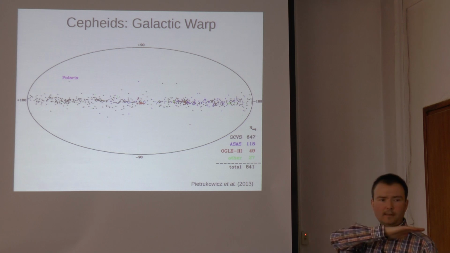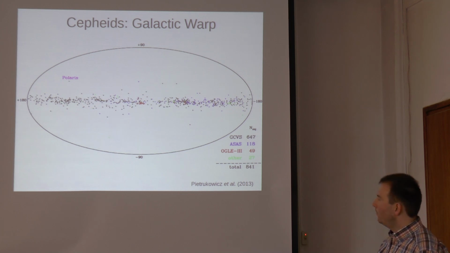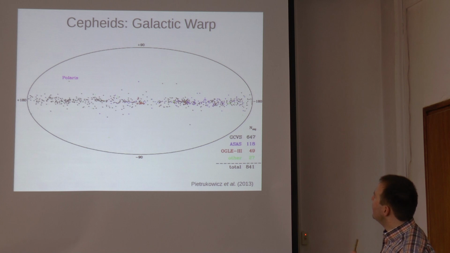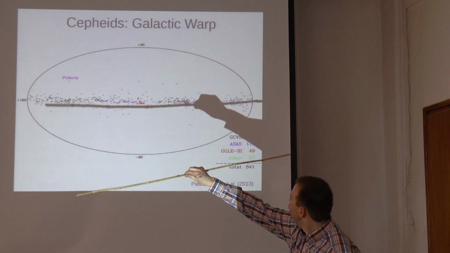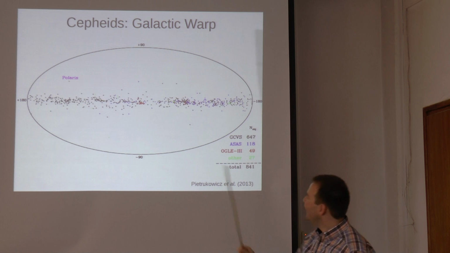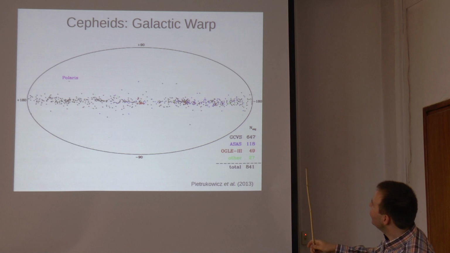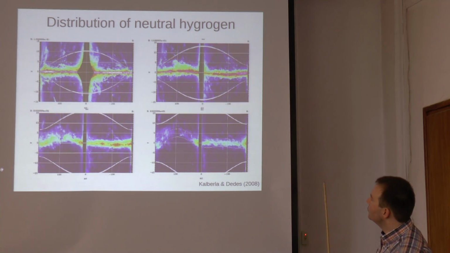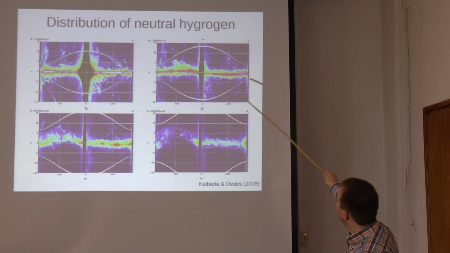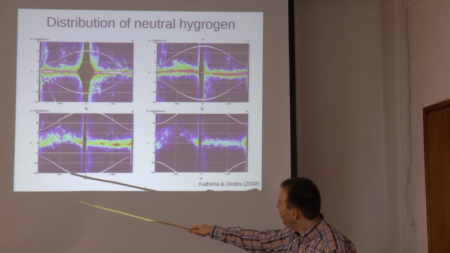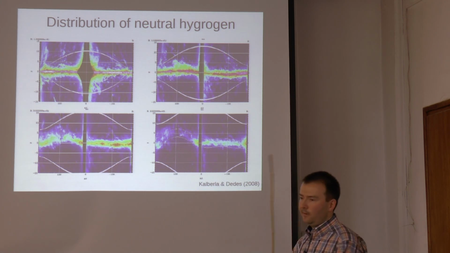The galactic disk is not perfectly flat, it's curved. There is a warp, and maybe it's not seen well here, but maybe this is seen in Cepheids, and in hydrogen you can see better that it's not flat. So this is the whole sphere, right?